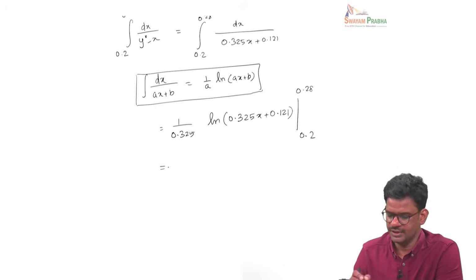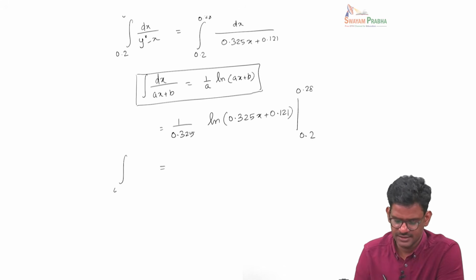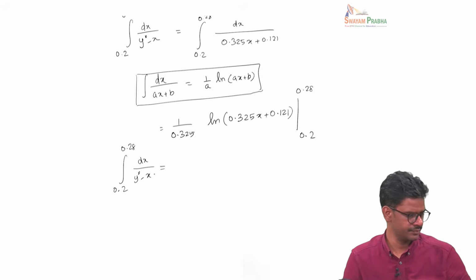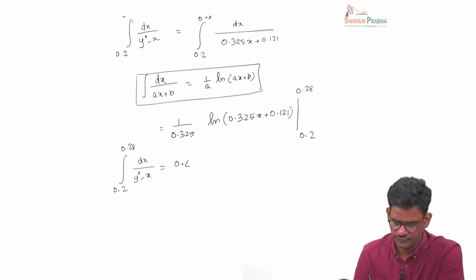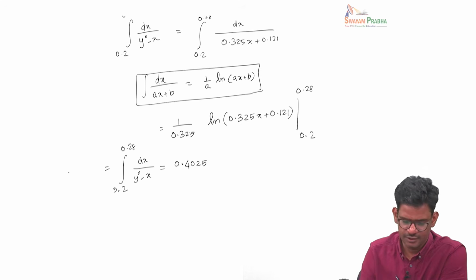Now substituting this limit, we will be able to get this integral, and this becomes 0.4025, and this is nothing but ln of F by W.